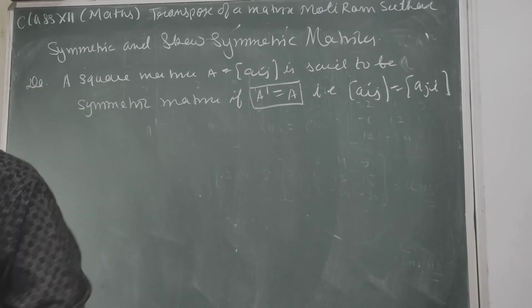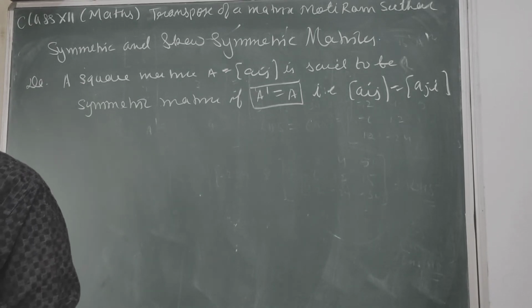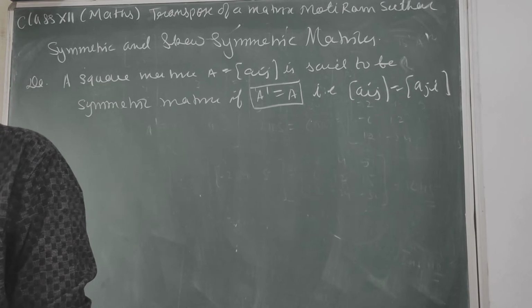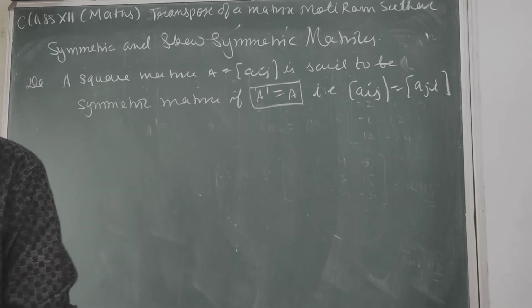Clear? It means after interchanging rows and columns, there is no change in the matrix.